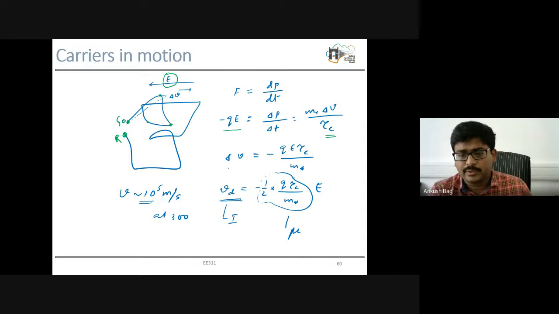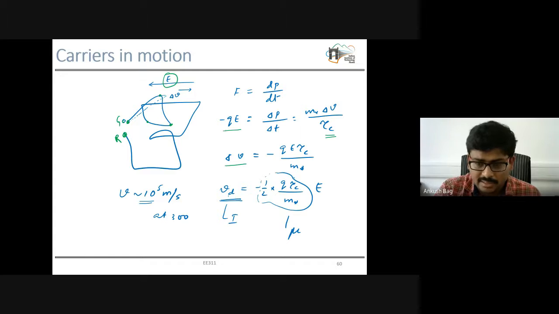If we further simplify this equation, we will find that delta v equals Q times E multiplied by tau c by m star, and this gives you Vd, the drift velocity. This is the drift velocity, or the directed component, the component which will give us the current. And this other velocity is coming due to the thermal or kinetic energy, which we can write as VTH, the thermal velocity.